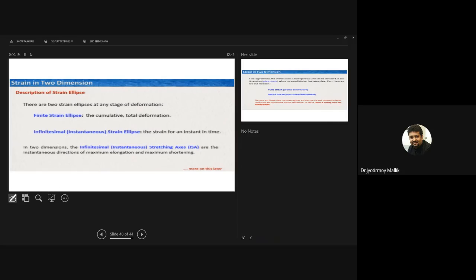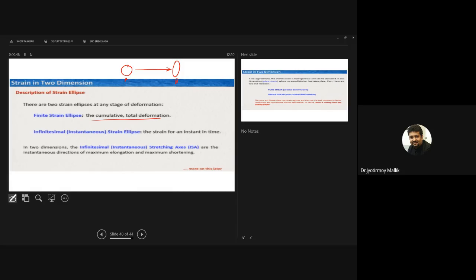I am looking at point A and then I am looking at point B. Okay, and I am not considering anything in between. So if I just define the cumulative and the total deformation, then that is what we call the finite strain ellipse. And then there is another type of strain ellipse which are called infinitesimal or instantaneous strain ellipses.